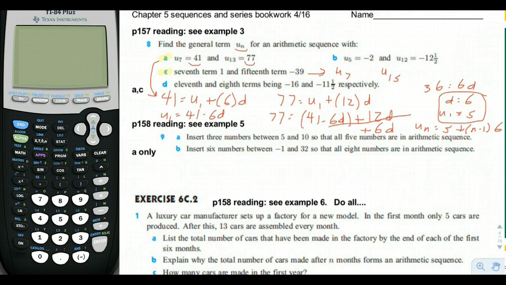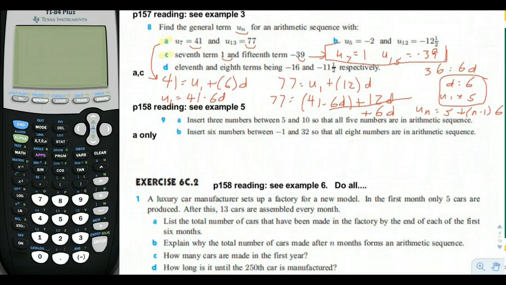So you would do the exact same thing we just did, except now you have different terms. You have u7 equals 1, and you have u15 equals -39, but again, you have to do a little bit of algebra to find the answer there, okay?